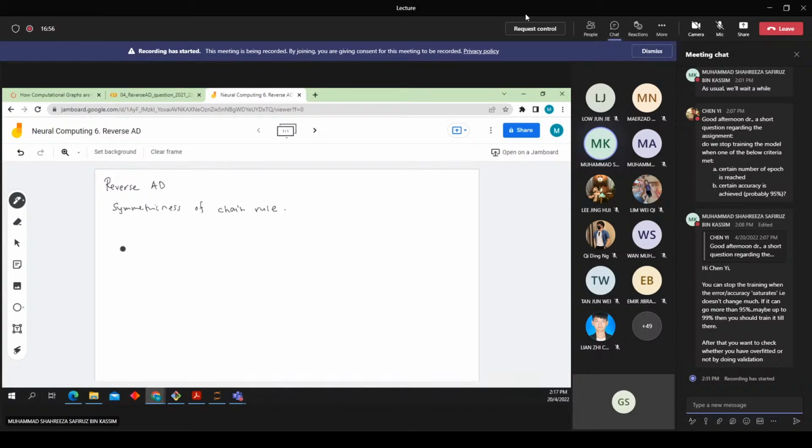Previously we have f of x, where x is a function of t.